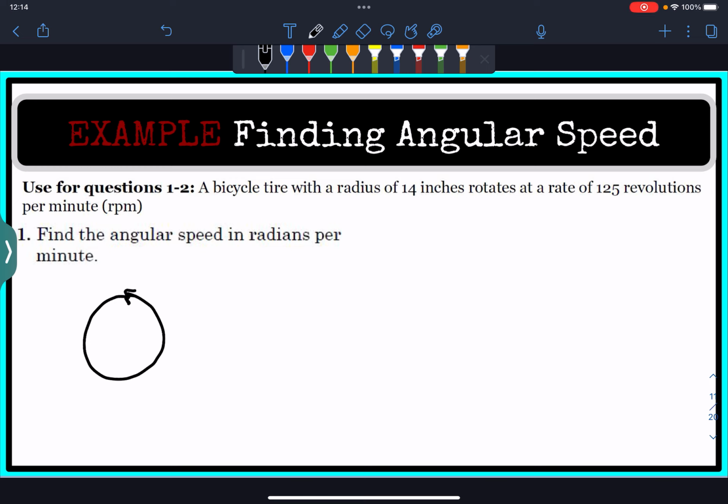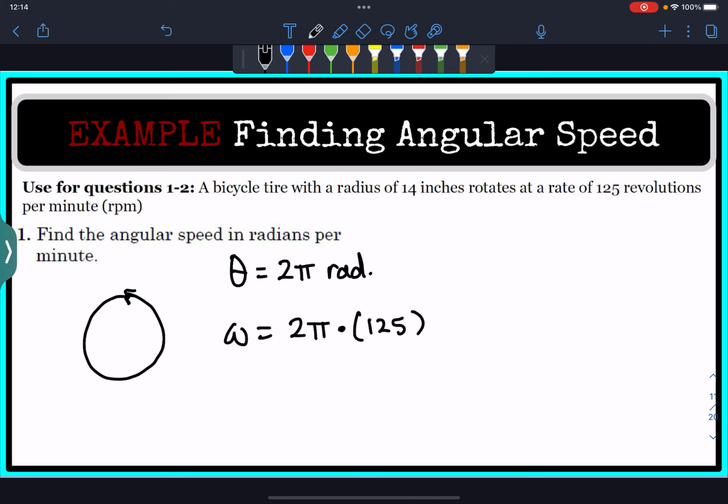Well, our central angle, because it's rotating 360 degrees, is 2 pi radians. So the way we're going to figure out omega is by multiplying 2 pi with our RPMs. So 125.